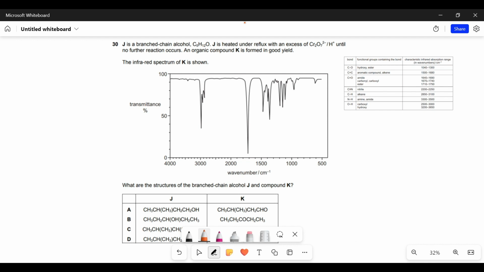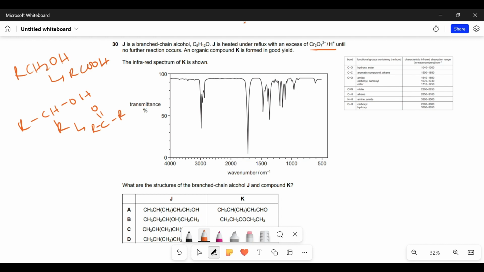As we know, K2Cr2O7, acidified potassium dichromate, is a strong oxidizing agent. That means it can oxidize this alcohol. If the alcohol is a primary alcohol like RCH2OH, it can be oxidized to carboxylic acid RCOOH. If the alcohol is a secondary alcohol, RCHOHR, it can be oxidized to a ketone, RC=OR.